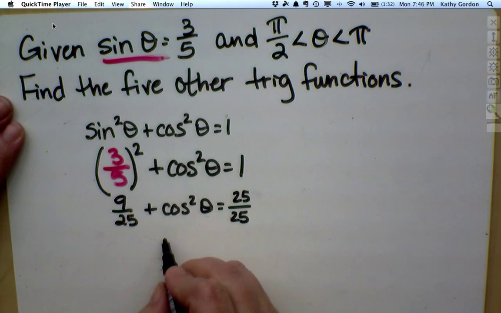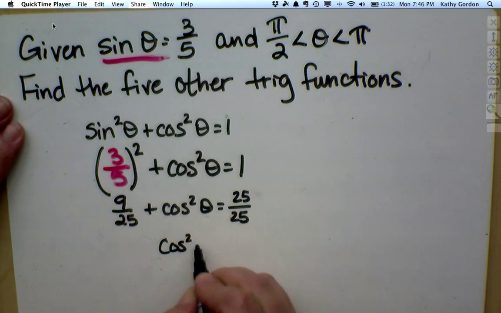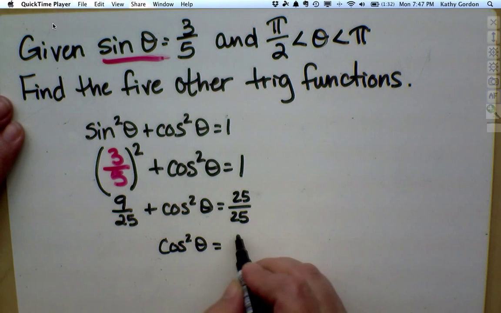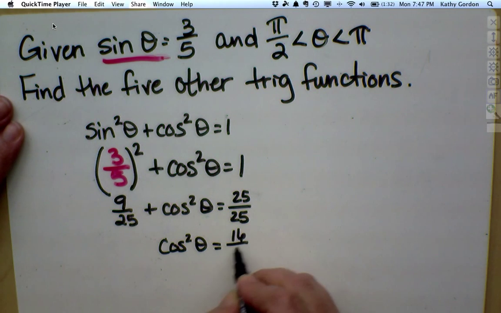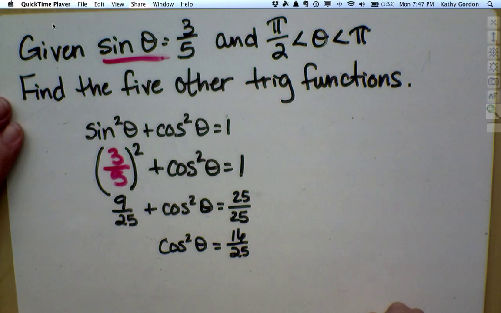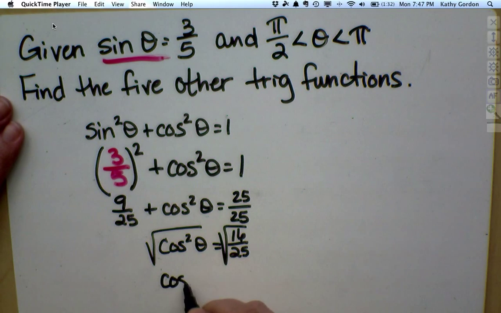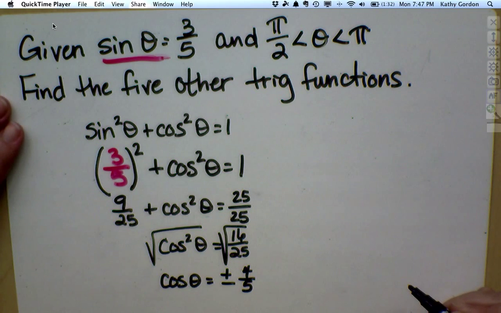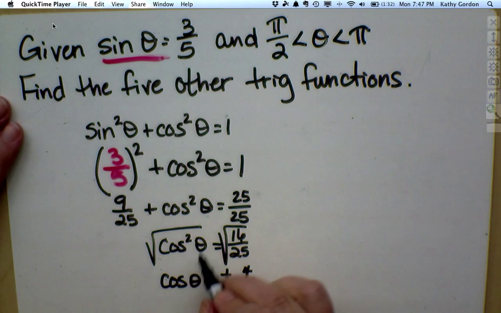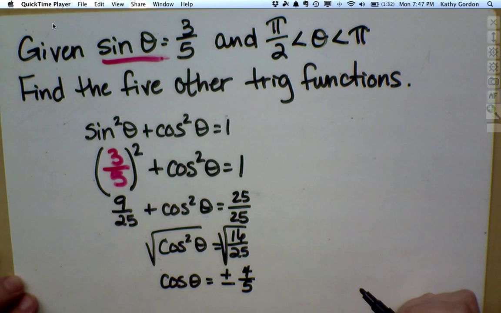So that when I subtract, the cosine squared of theta is going to equal 16/25. And now when I square root both sides, cosine of theta will have to equal plus or minus 4/5. Don't forget about that plus or minus because we're taking the square root as part of solving an equation.